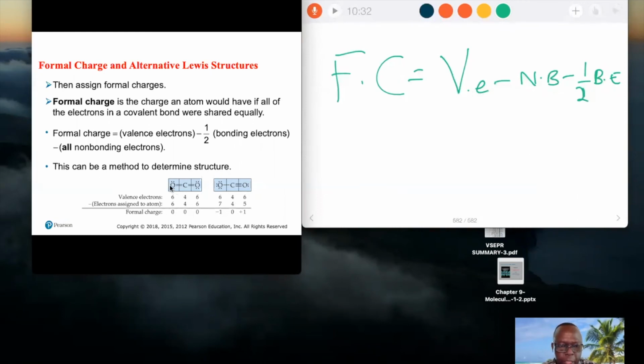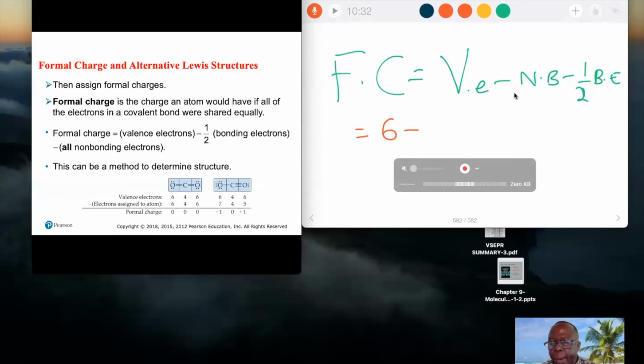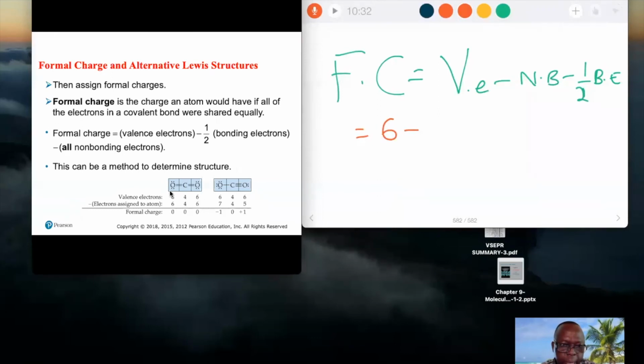Let's pick up the first oxygen and see how we end up with zero. So look at how I'm doing it on my whiteboard. Oxygen is in group 6, so valence electrons is 6, that is where I'm getting 6. Minus the non-bonding electrons, here is 1, 2, 3, 4, minus 4.